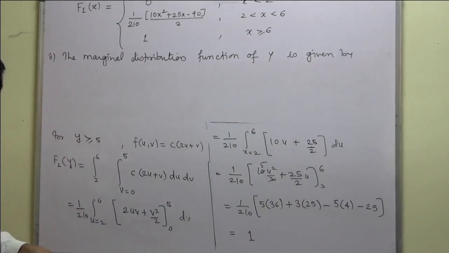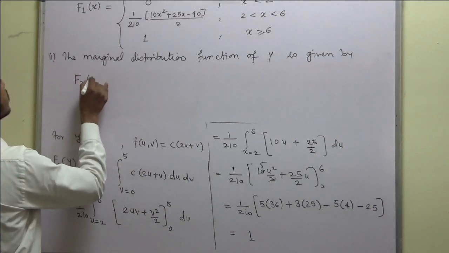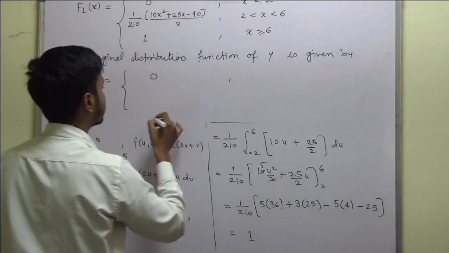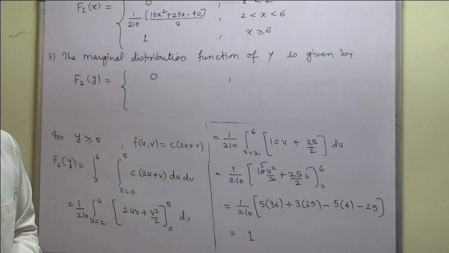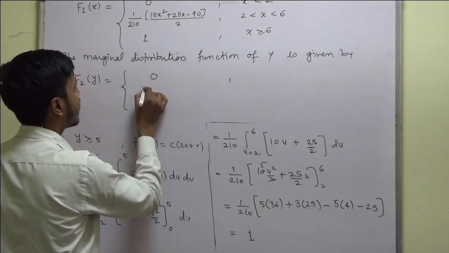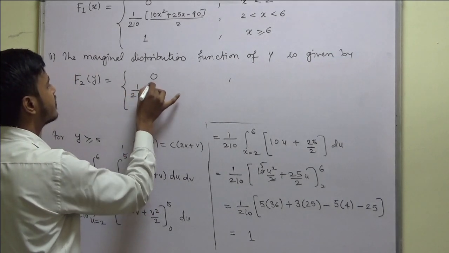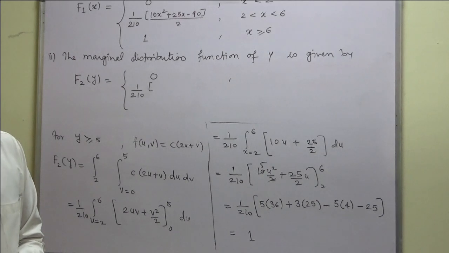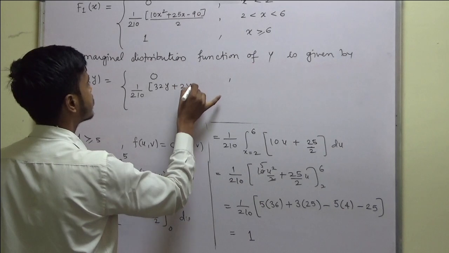The first value is 0: f2 of y is equal to 0. The second value that we have is y squared, 1 by 210 into 32y plus 2y square.